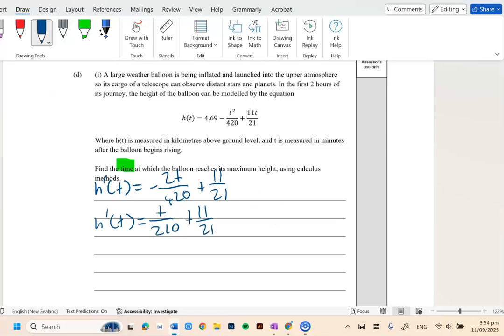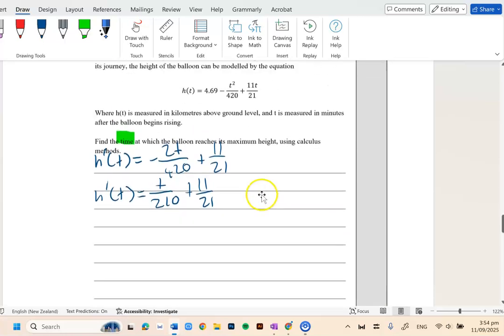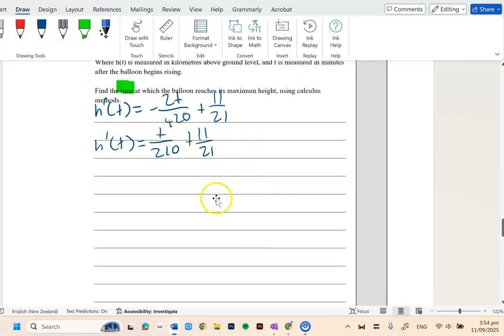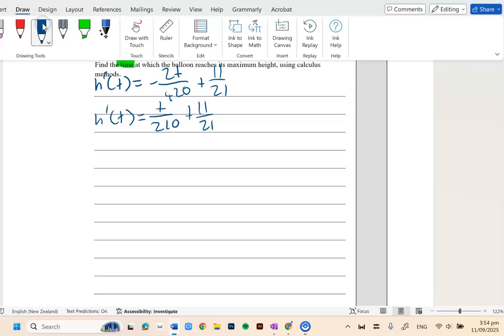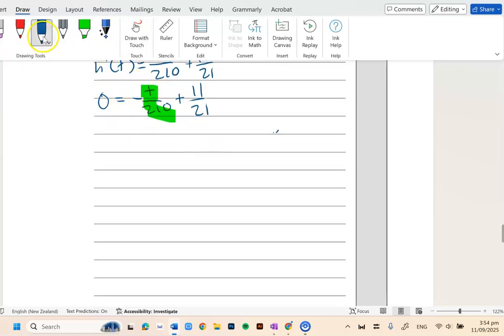Alright, now what we do with these questions is we usually like making things equal to 0 so we can solve for t. So 0 equals negative t over 210 plus 11 over 21. Now we're going to move this to the other side, and now it becomes a positive because it was a negative before.